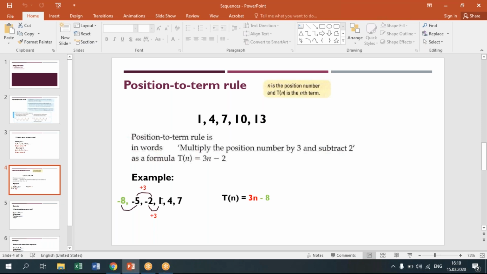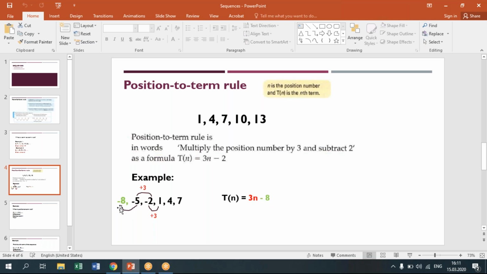Negative 5, negative 2, 1, 4, and 7. Between each of them, the difference is equal to plus 3, and again plus 3. Negative 5 plus 3 is negative 2. Negative 2 plus 3 is 1. That's why 3n, the first step. How can we find the other part, I mean, this negative 8?